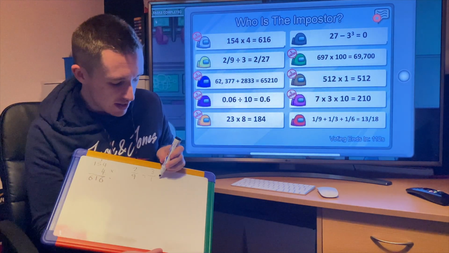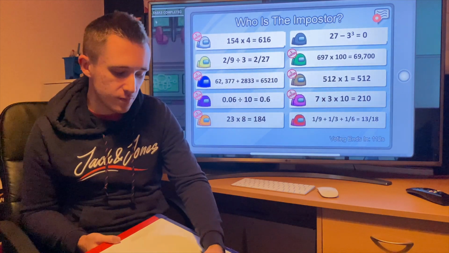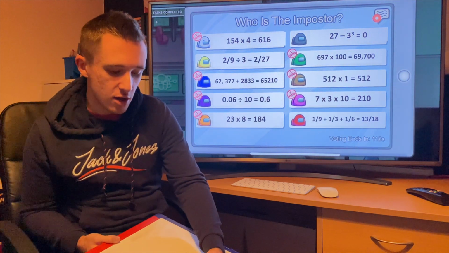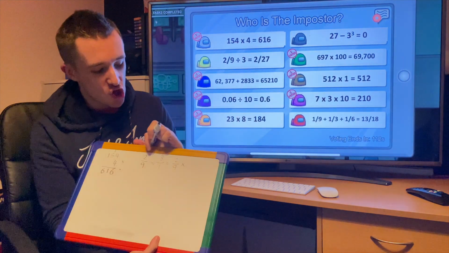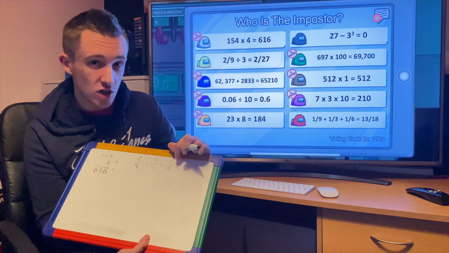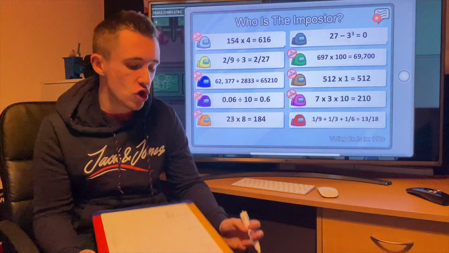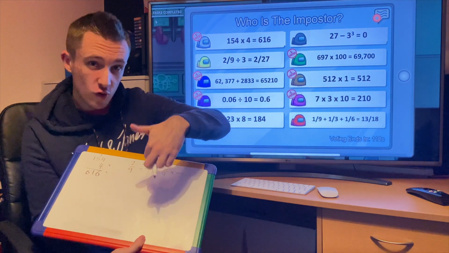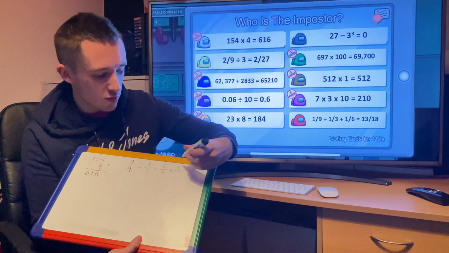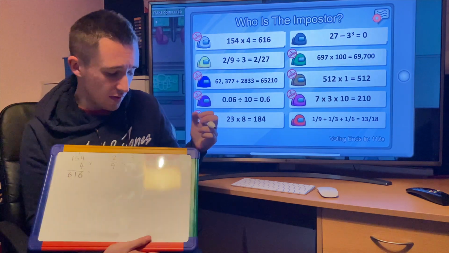So this becomes 2/9 times, because we've flipped the divide into a times, multiply, and we're going to change the fraction by swapping it. So the 1 goes on top and the 3 goes underneath.